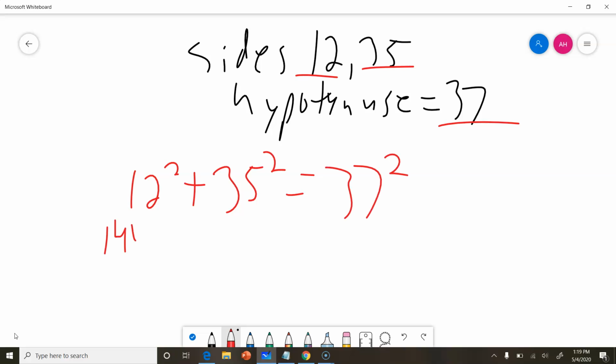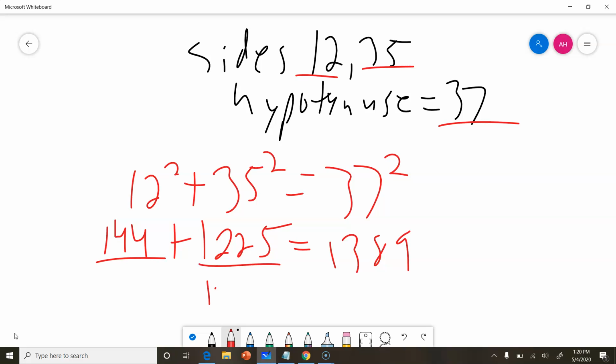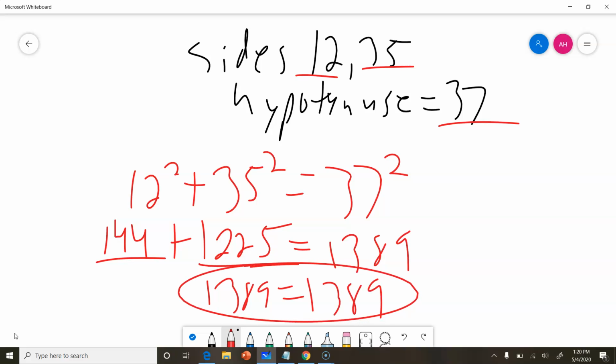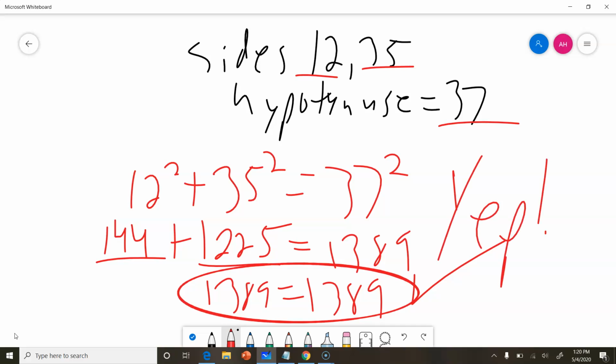So this is 144, and then 35 squared is a big hulking number. It's 1225, and does that equal 37 squared, which is also a very big number, 1369. When I add these two together, guess what I get? 1369. And so then, is that a right triangle? Yes. Cha-ching. Yup. It's a right triangle.